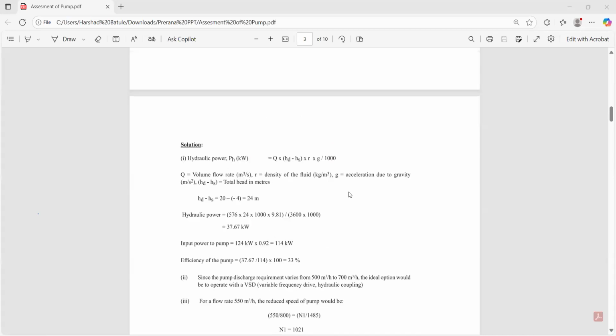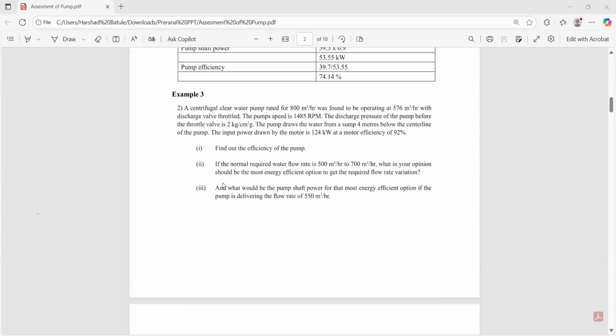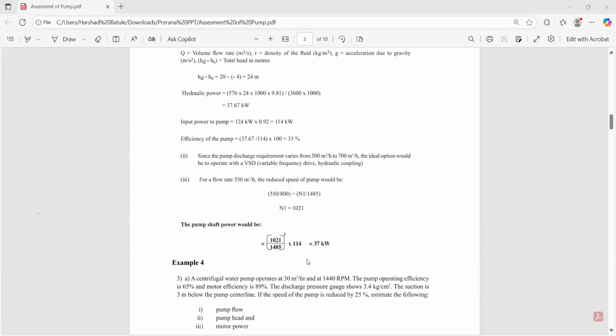Third question: what would be the pump shaft power, with the most energy efficient option, if the pump is delivering the flow rate of 550 m cube per hour? Means in the VFD, to deliver 550 m cube per hour, we need to fix the speed. Means we need to reduce the speed of the pump.